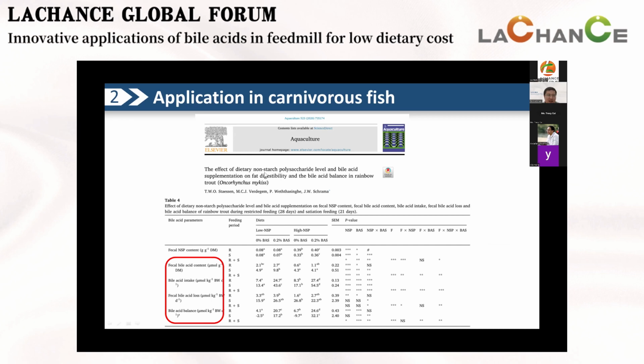And here is an example. They used one common anti-nutritional factor and explored the addition of the anti-nutritional factor and the addition of the bile acids on the bile acids content in the fish, and finally found the bile acids balance.